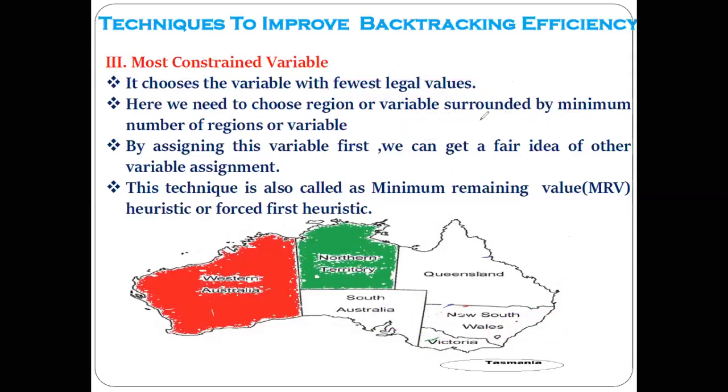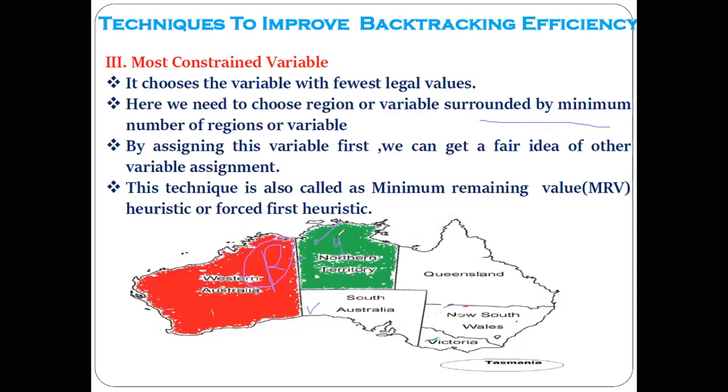Two steps understood. First, select the variable surrounded by the minimum number of variables, color it, and second, see its surrounded neighbors. Same thing we have done here. Yes or no? This is the first, from here we have started. Here we have given the red, and then we have searched its two neighbors. This is one neighbor, this is the other neighbor. Which options are remaining here?